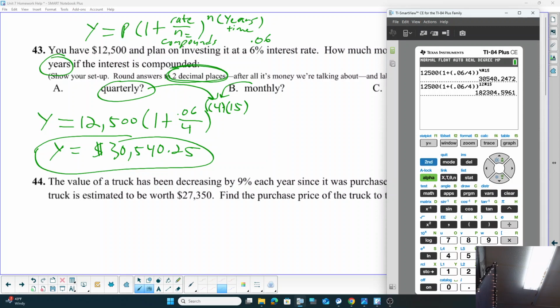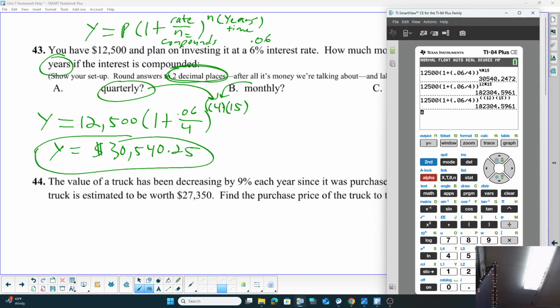Let's try it in parentheses, and then 12 times 15. Maybe that's going to change it? No, I'm getting a bigger number. Does it really increase that much? I wouldn't think so.